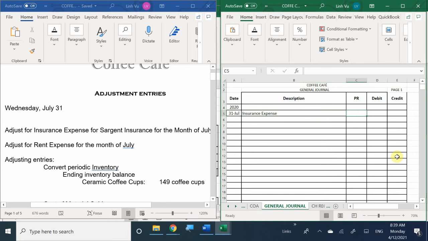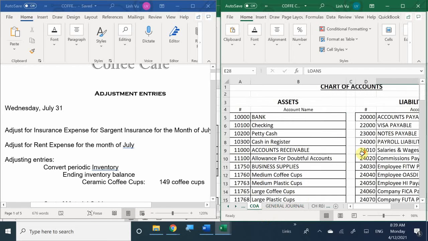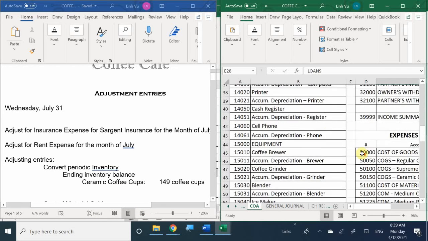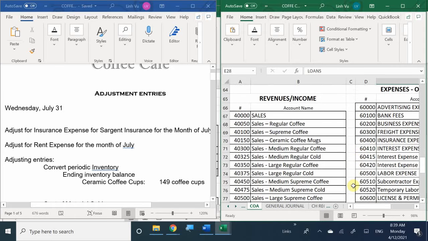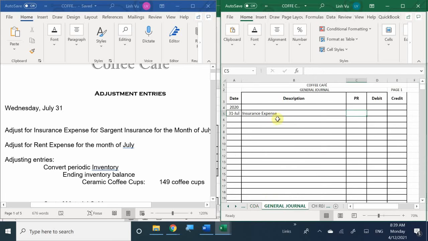What account number is insurance expense? 60400. Perfect.